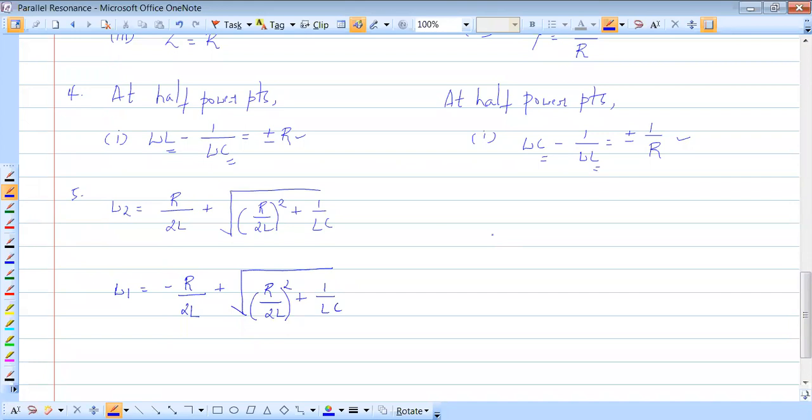Now I want somebody to give me the equation for omega 2 for parallel resonance circuit. Who will try that? From duality, whatever duality we have talked about, R would become 1 by R, L would become C, C would become L. So who would try that? Can you unmute yourself and go on?